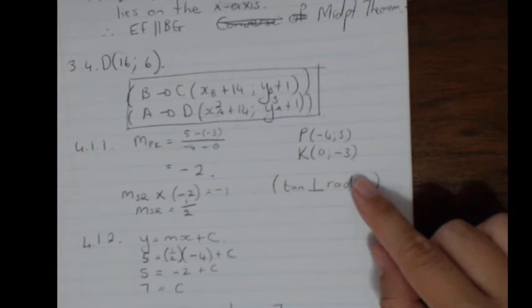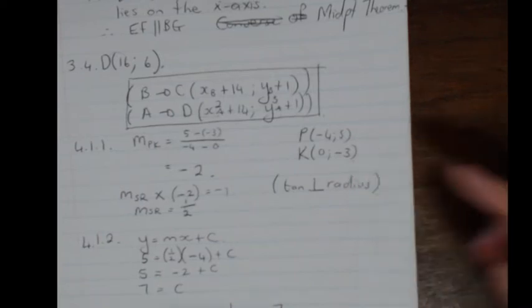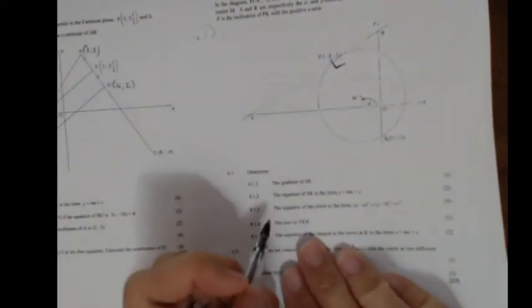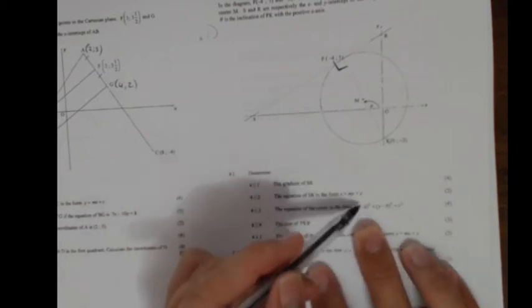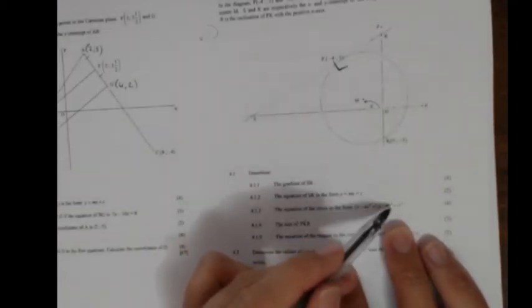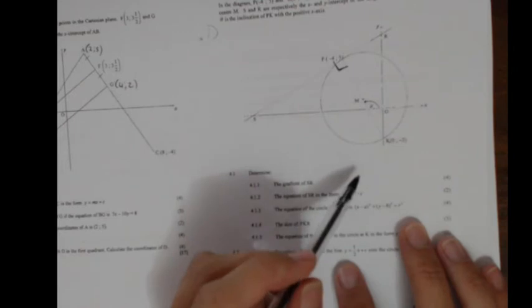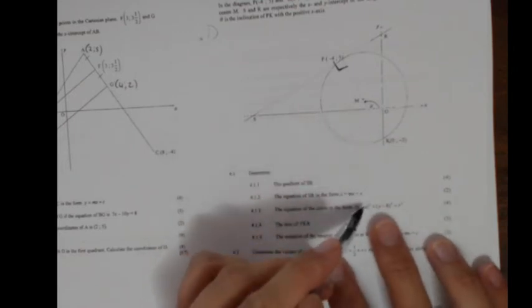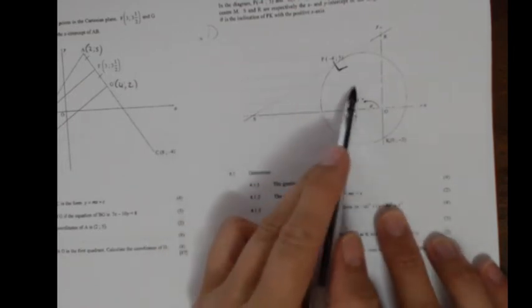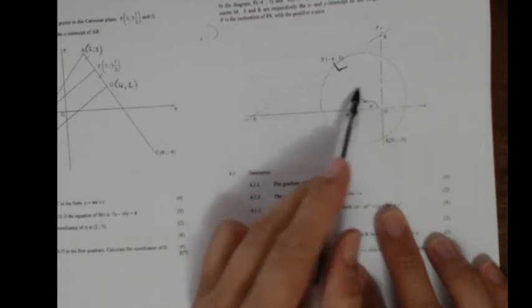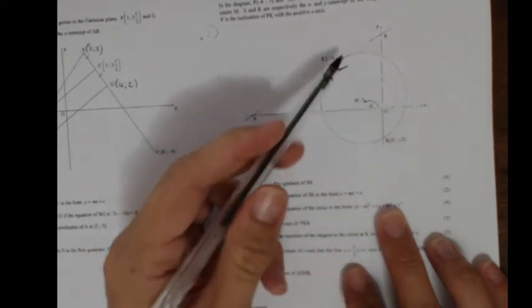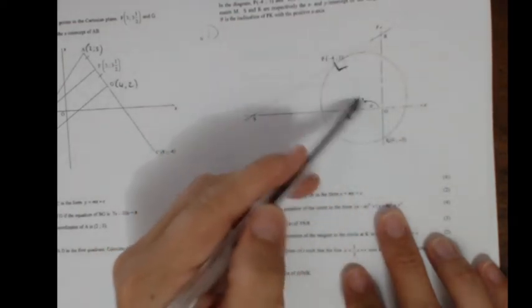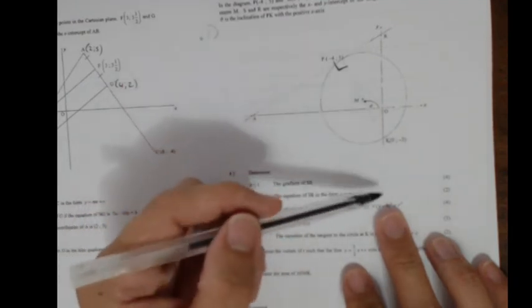4.1.3 says determine the equation of the circle in the form (x minus a) squared plus (y minus b) squared is equal to r squared. Now for this I need the (a, b), which is the coordinates of the center of the circle. The center of the circle in this case is just going to be the midpoint of P and K. So I can calculate that really quickly.